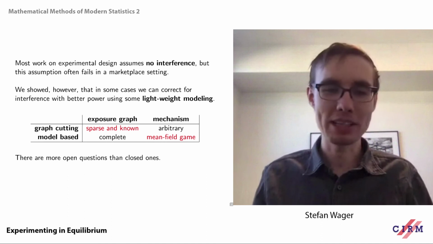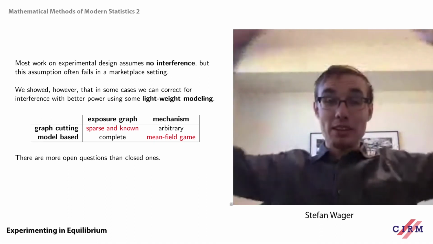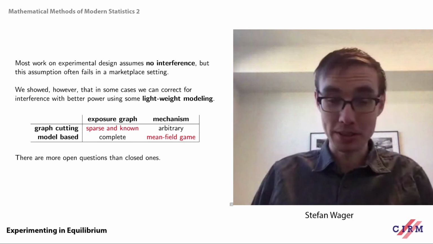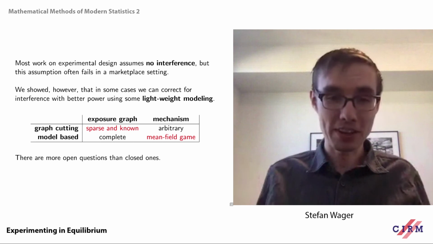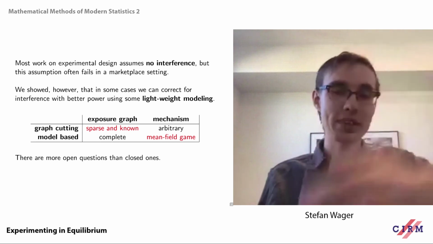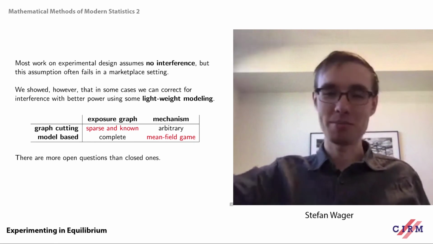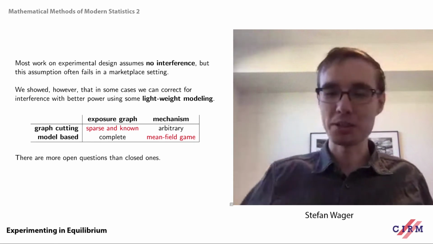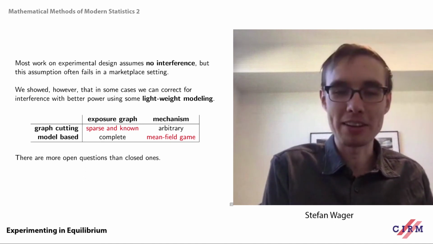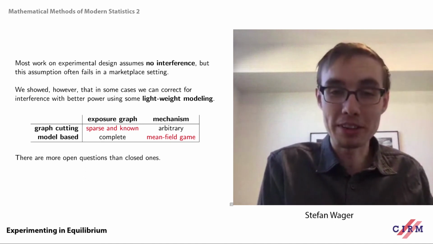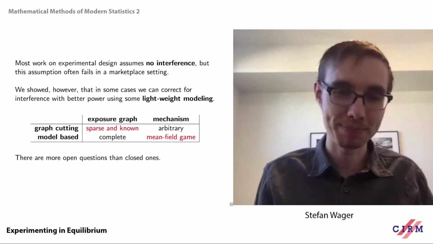But in the space of problems, the way to think about it is maybe there are all kinds of causal inference problems, and in most of them there is interference, and there could be interference moderated by a graph, and there could be interference moderated by an equilibrium game, and so forth. And here in the corner, there's the special case corresponding to no interference, but that's where like 95% of the work in the field is.